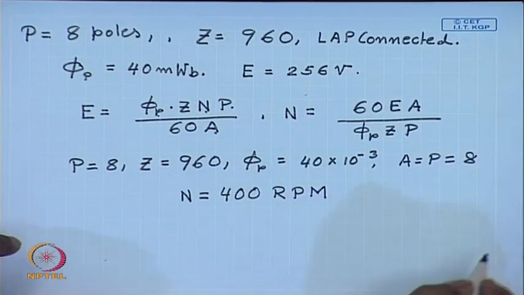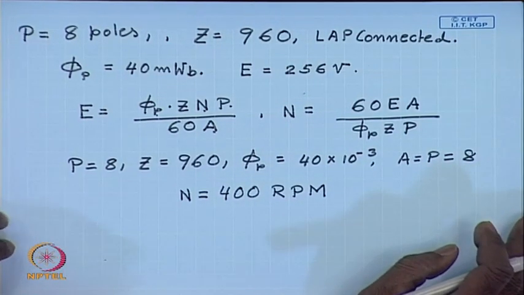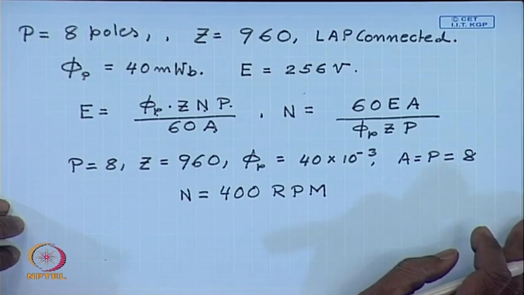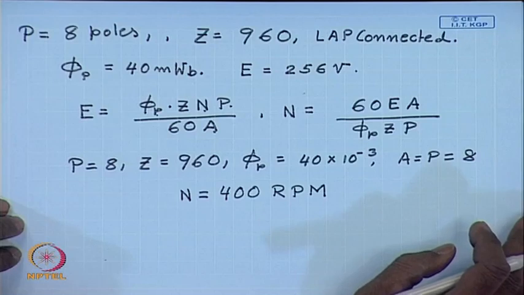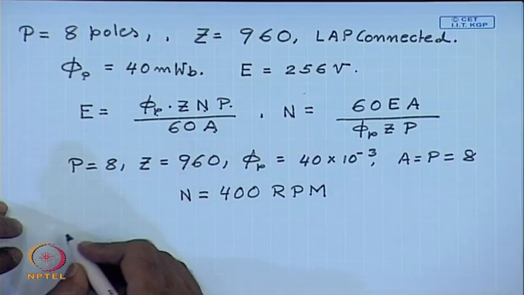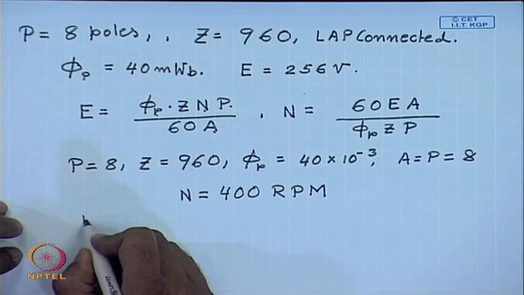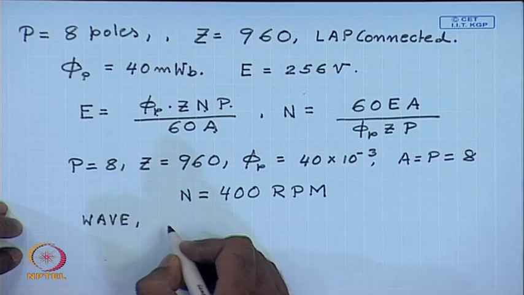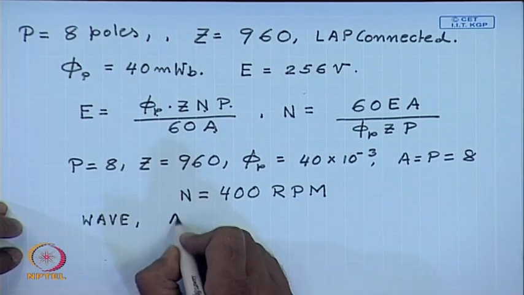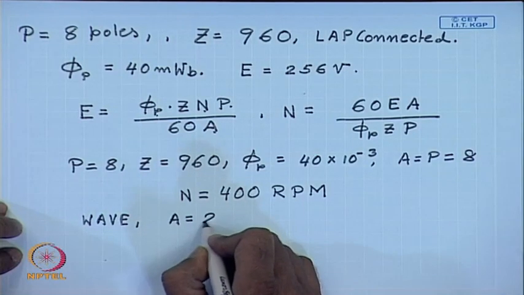It will be interesting to find out, if I run the machine at the same 400 rpm, but change the armature conductor connection to wave, what will be the induced voltage? We know for wave connection, A is always 2.